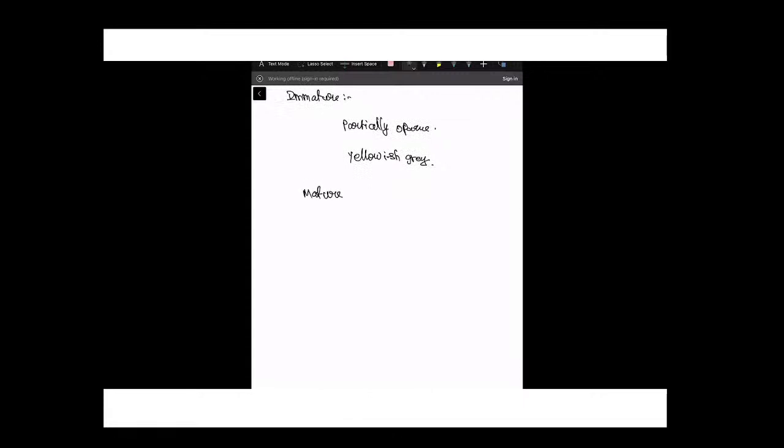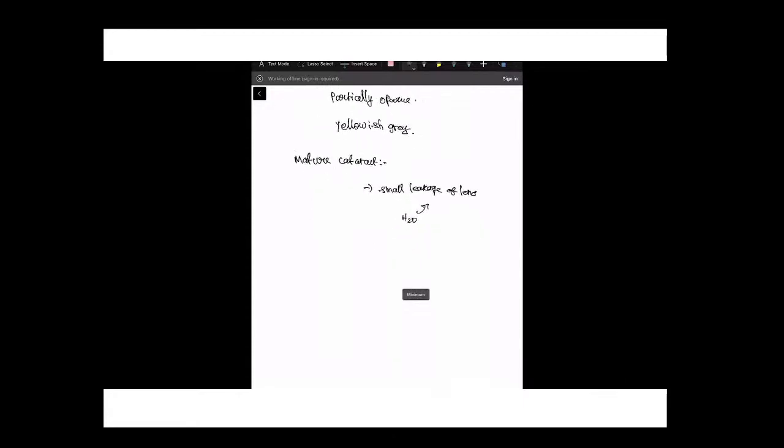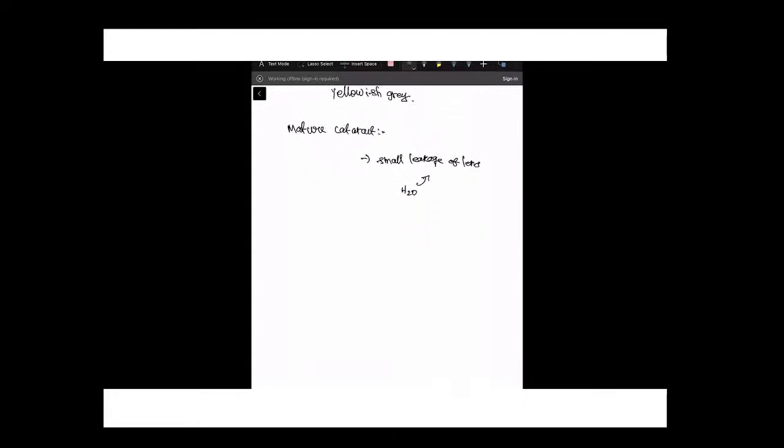Then we have a mature cataract, and there is small leakage of lens, and the water goes inside the lens.